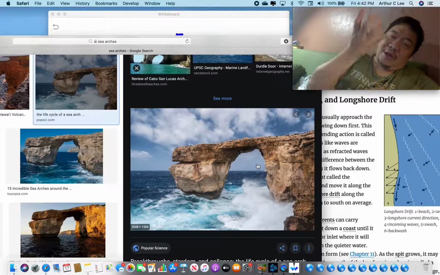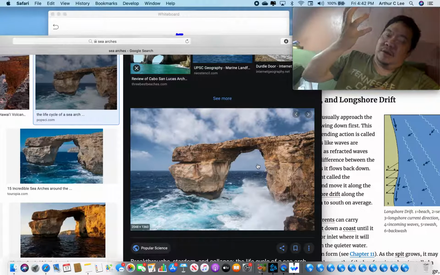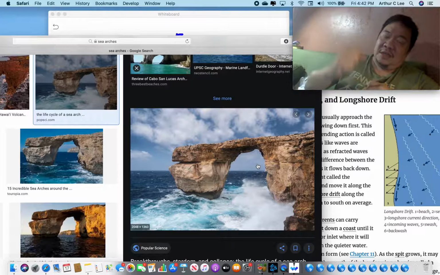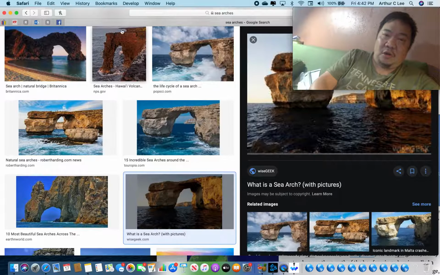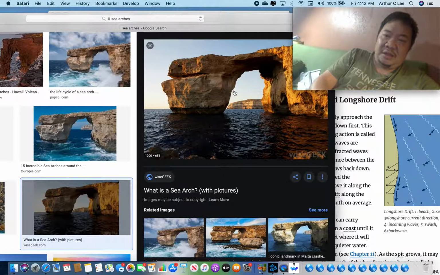Because the land is rising up more on the west coast faster than sea level is rising. Sea level is rising because of global warming, but the land out west is rising faster because of all the tectonic activity. Anyway, sea caves can join together, punching a hole straight through the headland, making a sea arch. Go swimming through those when you go out west.